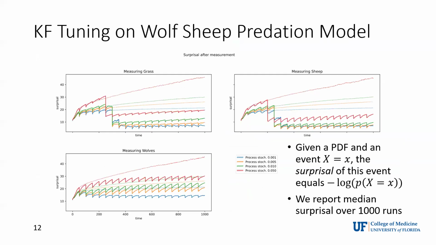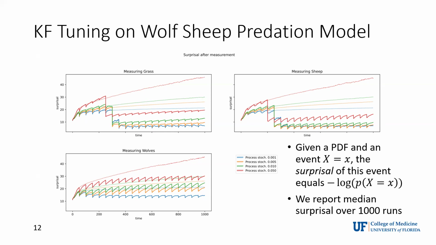Okay, so I'll just mention very briefly that we have done a lot of tuning. This is again because those different process stochasticity and observation stochasticities matter. For the sake of time, I won't talk about this too much, other than saying that what we're measuring is what is called surprisal. Surprisal, you can just think about as the negative log probability of an event.